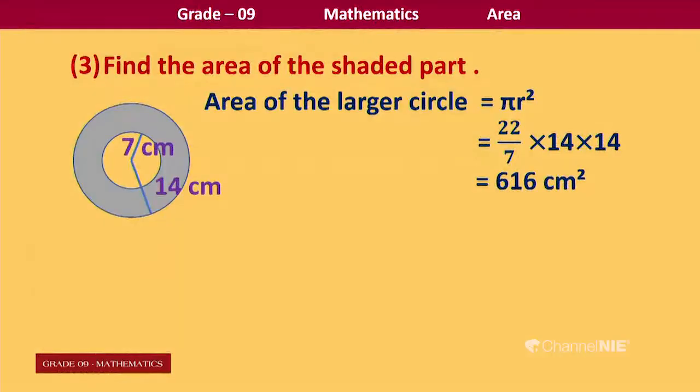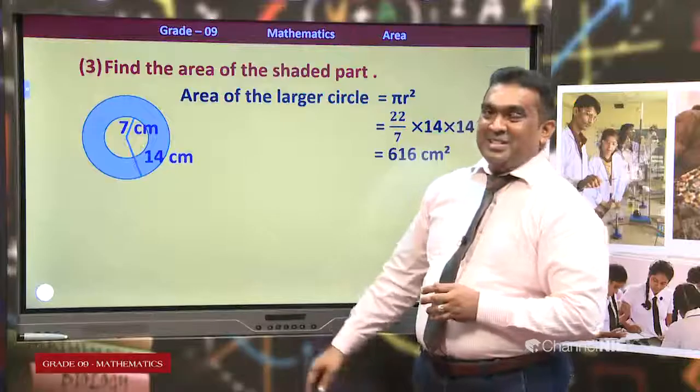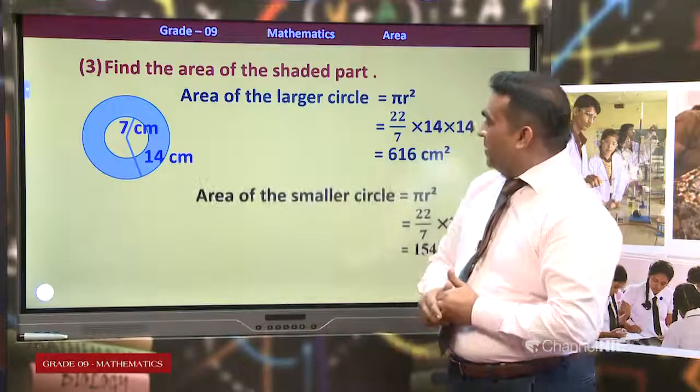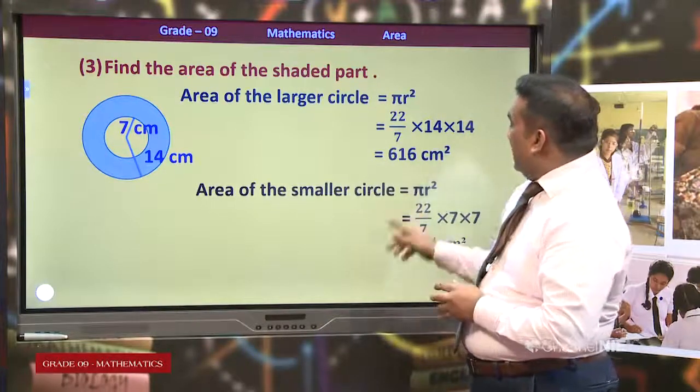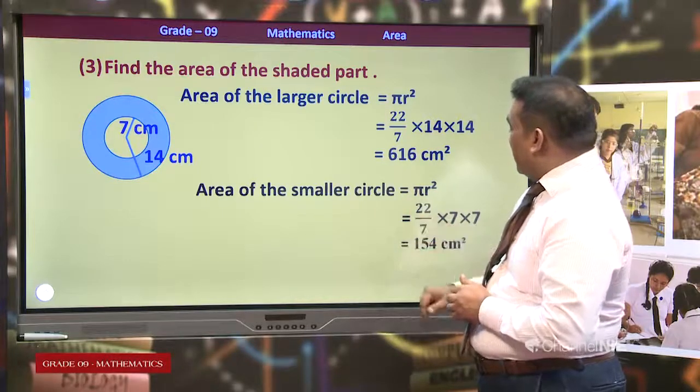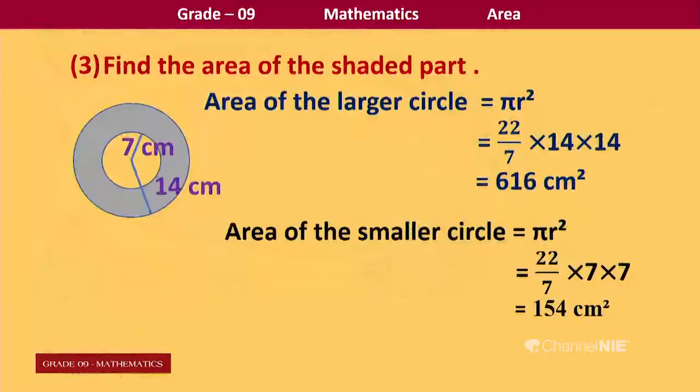Now we want to find out the area of the smaller circle. Area of the smaller circle is πr squared. Here π means 22 over 7, r, 7 multiplied by 7, then 7 to 7 will be cancelled, 154 square centimeters.